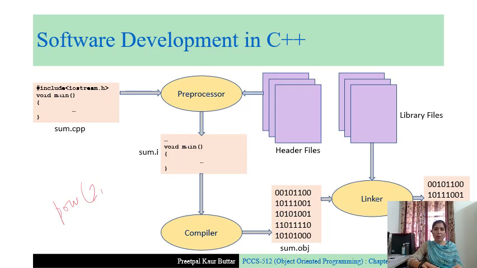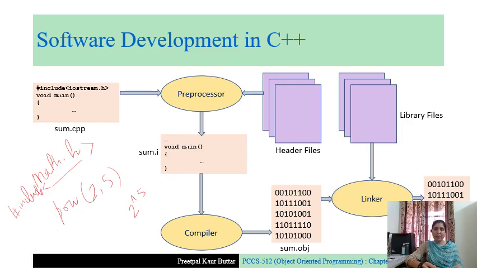Suppose pow(2, 5), it means 2 raised to power 5. It is there in the library file math.h. So in order to use this function, we have to include math.h in our source code.